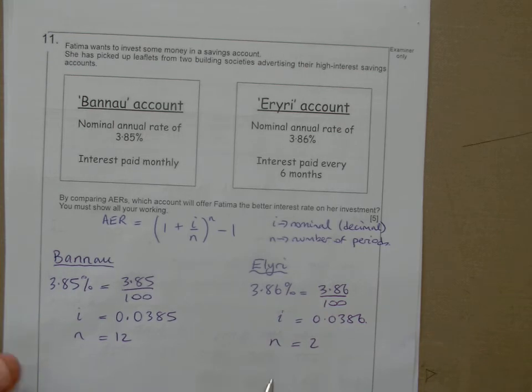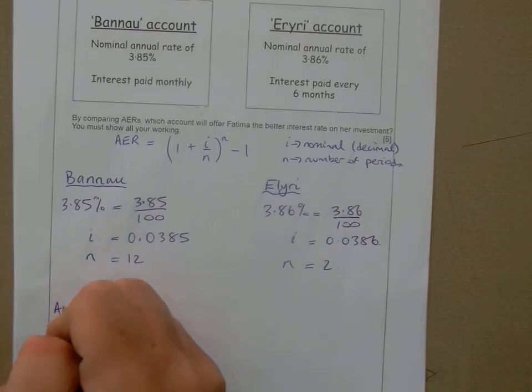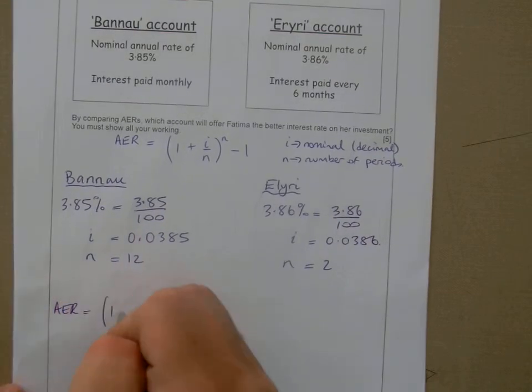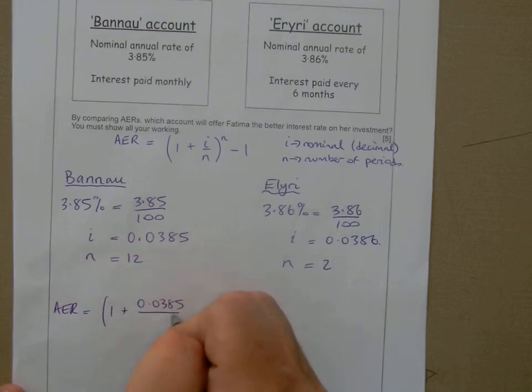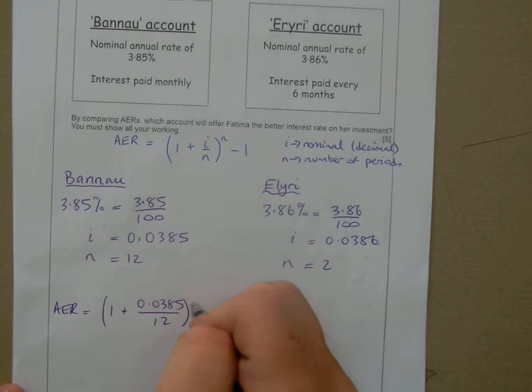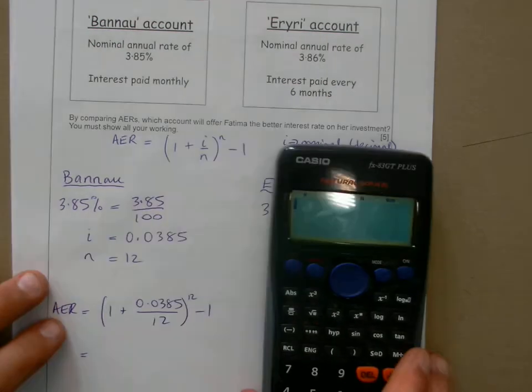So we've got our values now, so you simply just need to work out the AER for both of them. So the AER here will be 1 plus the I, which is 0.0385, divided by 12, the number of periods, to the power 12, take away 1. I can work that out on my calculator all in one go.